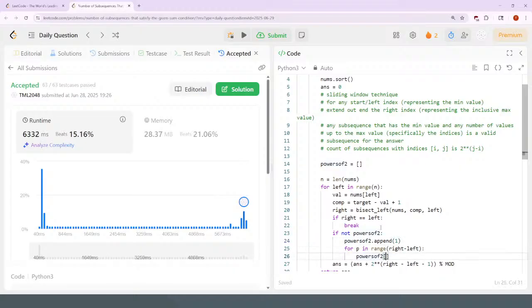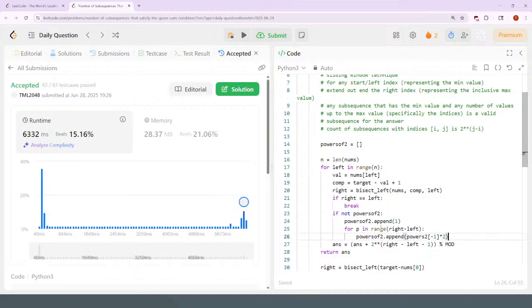And then the next one would be 2 times the next element. I guess this should be append because it's not going to be the correct sizing. Powers of 2, the last element of it, times 2. Okay.